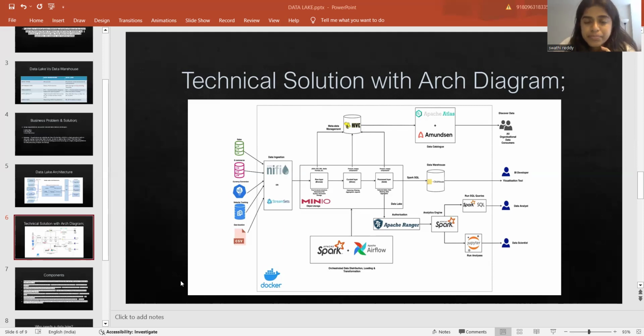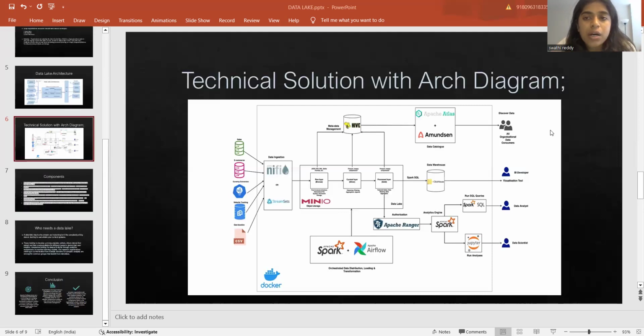Kerberos authentication and Apache Ranger are employed to ensure robust data security and access control within the data lake. Last but not the least, coming to governance and compliance, we have Apache Falcon, which is also part of Hadoop, assisting in data lifecycle management, ensuring adherence to data governance policies and regulatory requirements.